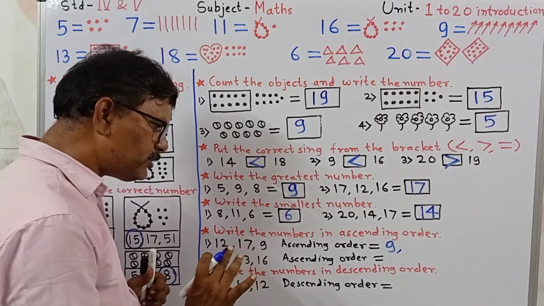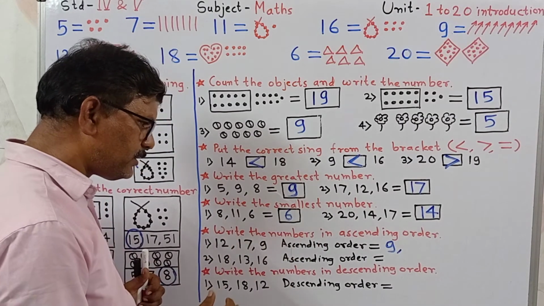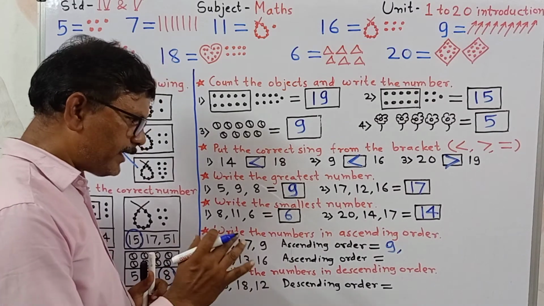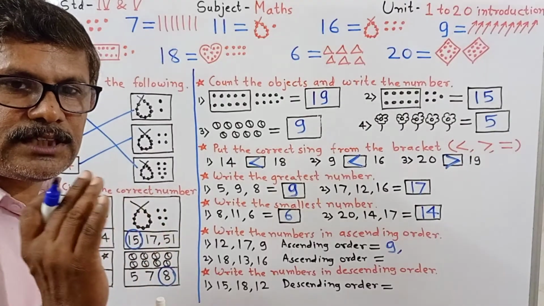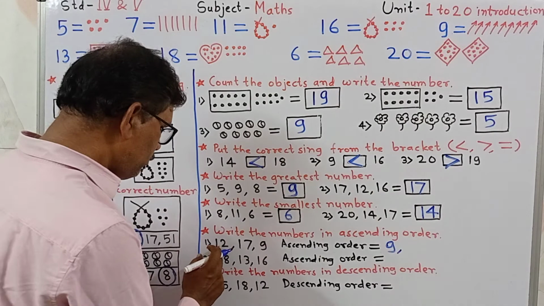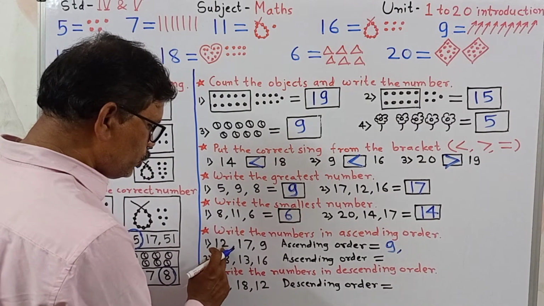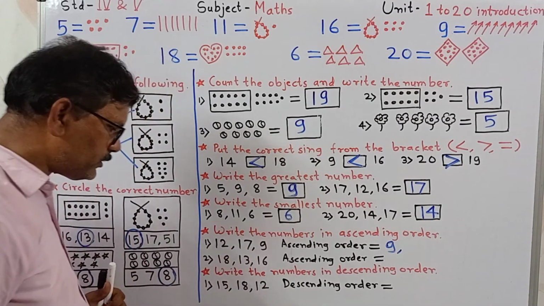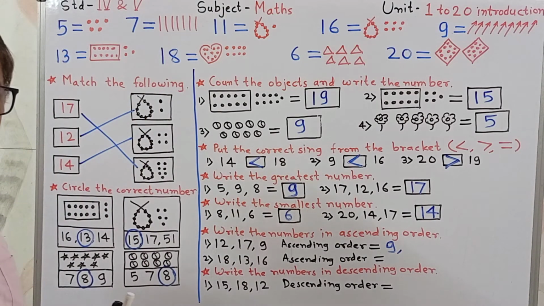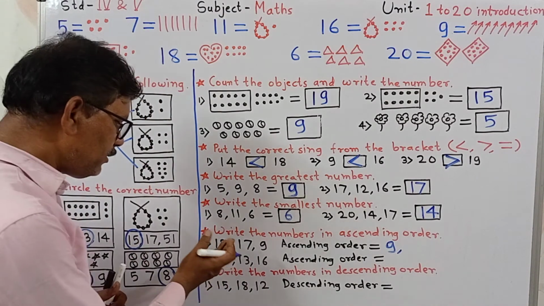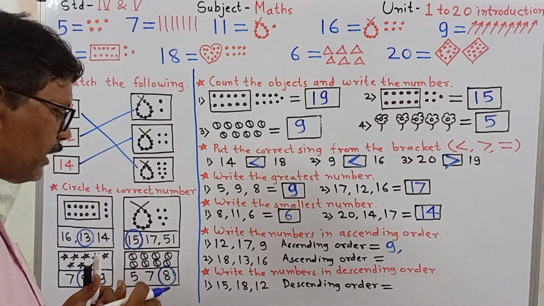In ascending order we must write first the smallest number, then 12 and 17. Here 1 ten 2 units and 1 ten 7 units, means 17 is the greatest and 12 is smaller number.